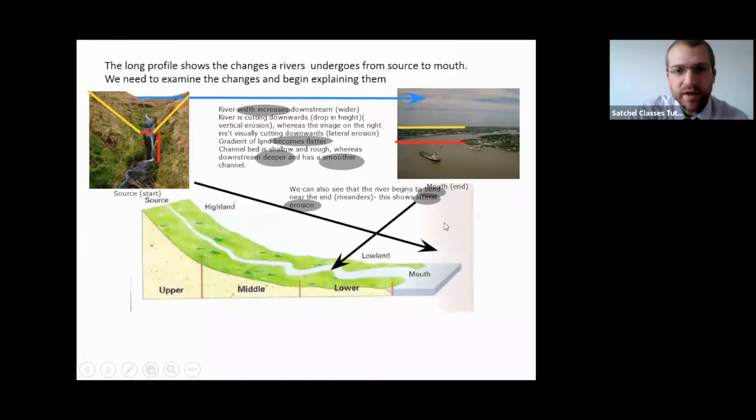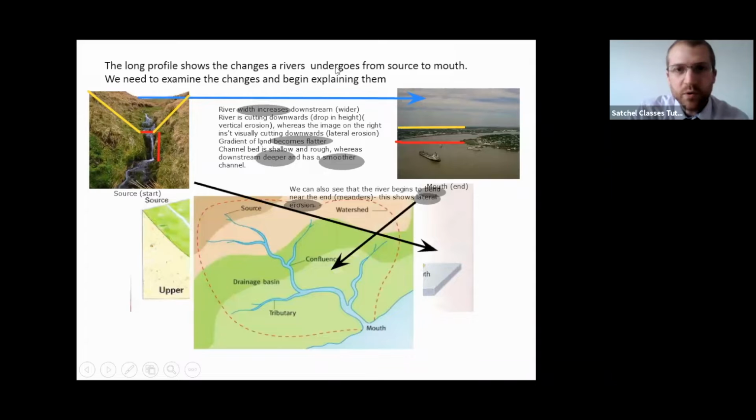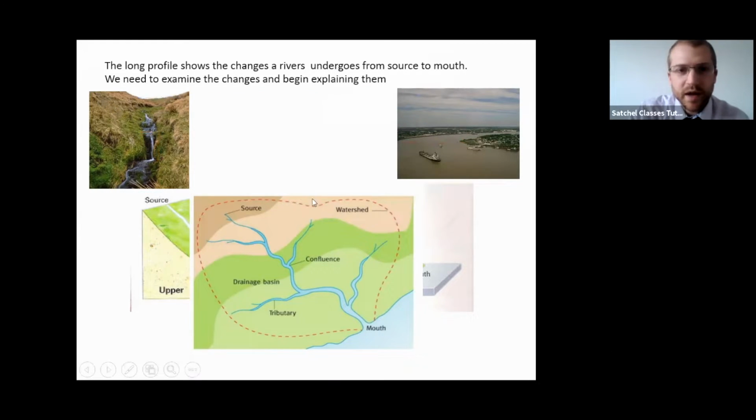So for this, we'll come to this diagram. And this diagram will basically try to explain what is happening. From that image on the left, where it's small, not a lot of water, to that image on the right, the water's got to come from somewhere. So ultimately, there is never just one source for a river.